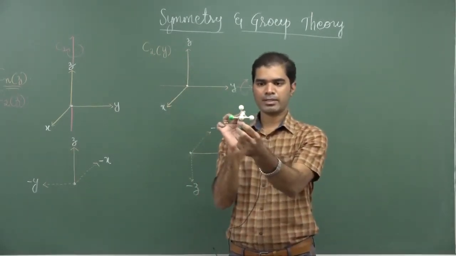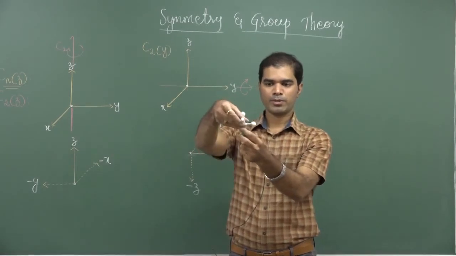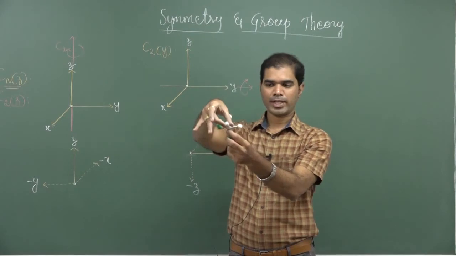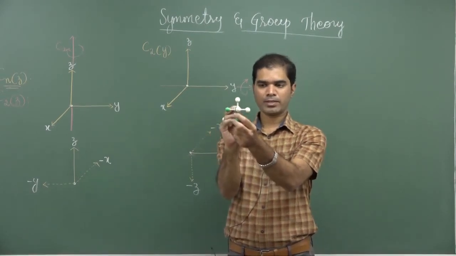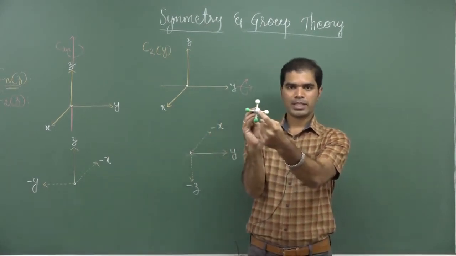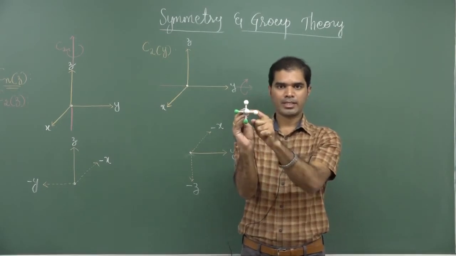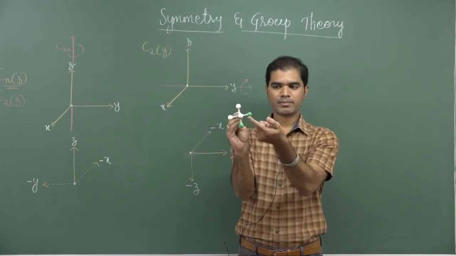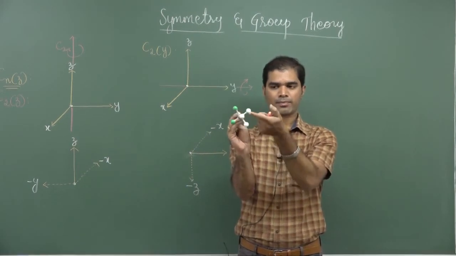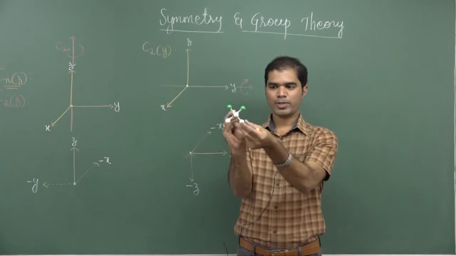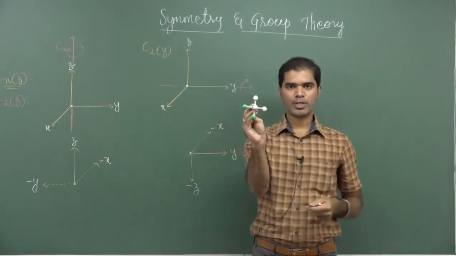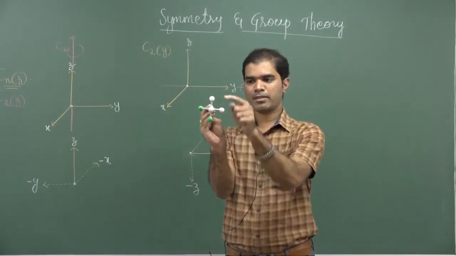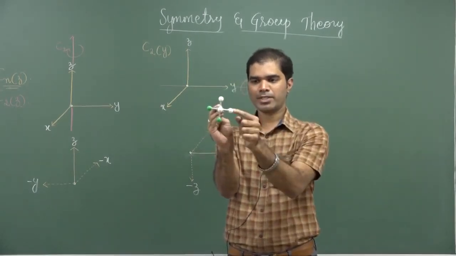Now this is the X. From your point of view, this is X. So if you are trying to pass a rotational axis through X, I am holding it here. Now you can see this is plus X, this is minus X. Plus will not exchange with minus, you can see. But if I am holding it this way, plus Z will exchange with minus Z, plus Y will exchange with minus Y. You can check it.